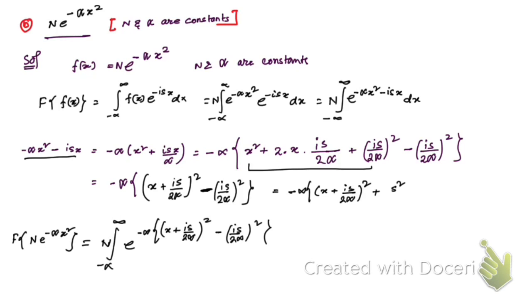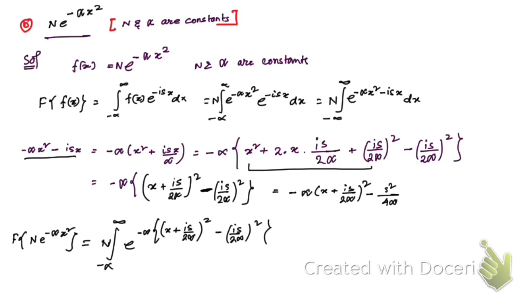So s square by 4 alpha square, that's what we're going to have. If you multiply this minus alpha with both terms, then let me modify it: minus alpha into this, then minus alpha into this, then alpha cancels alpha square, so it's going to give you s square by 4 alpha. That's what we're going to have, right?